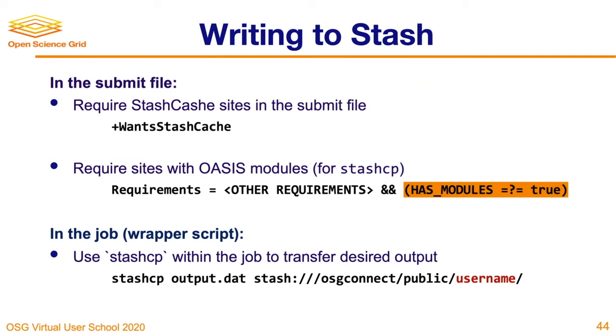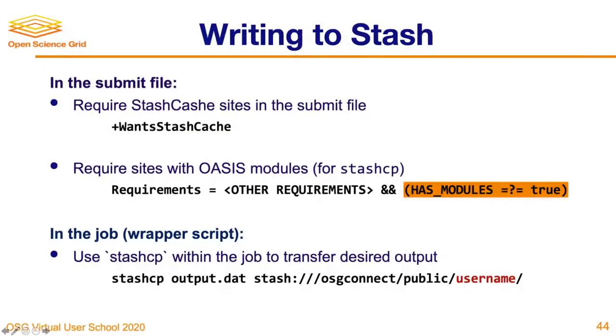And then in your job wrapper script or within the job itself, you're just going to utilize stashcp in the opposite direction, right? So in this case, we're transferring output.dat, and then we're putting it into our public folder. You'll notice, though, that the location of the Stash write URL here is a little bit different than when you use it as input.